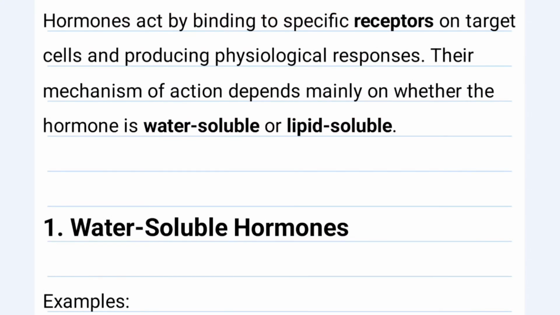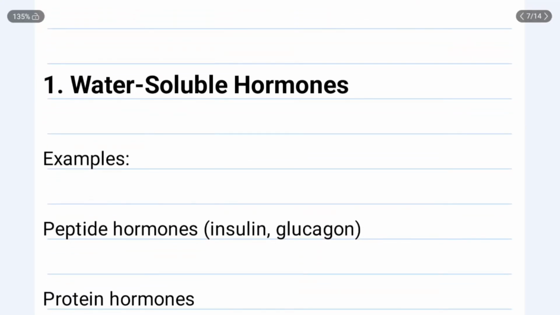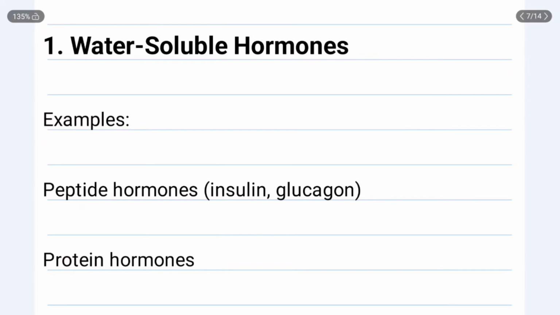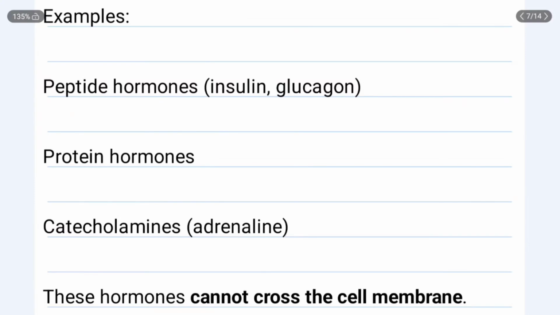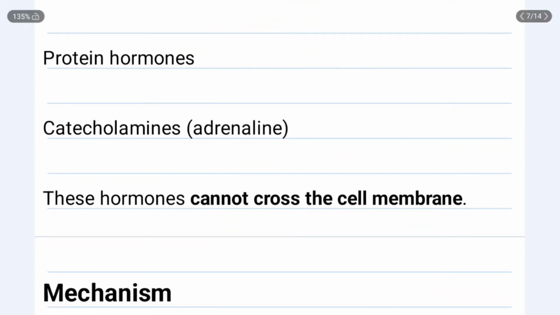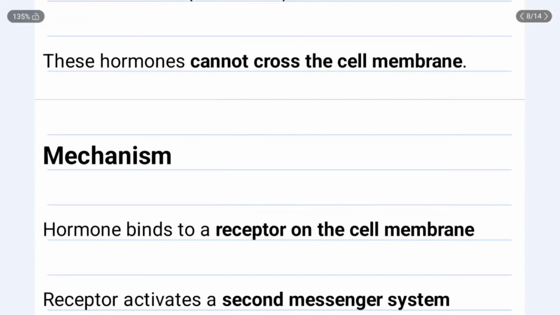The mechanism of action of the hormones depends mainly on whether the hormone is water soluble or lipid soluble. Now, water soluble hormones have examples like peptide hormones, protein hormones, and catecholamines, which include adrenaline. These hormones cannot cross the cell membrane. So what is the mechanism for these hormones?